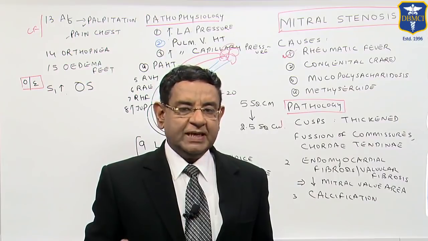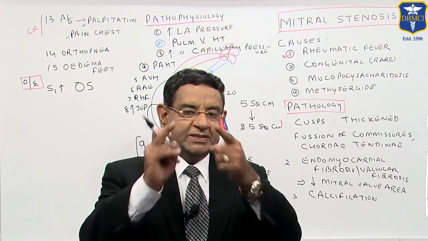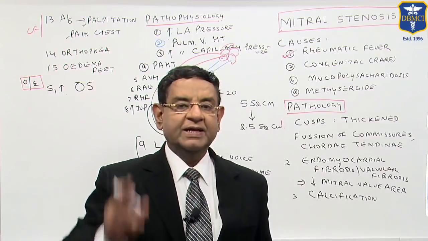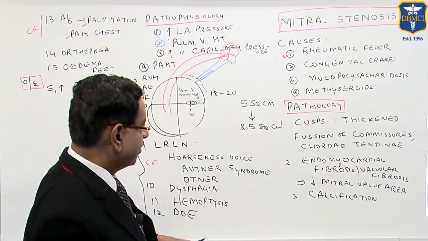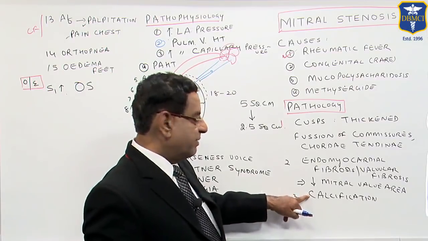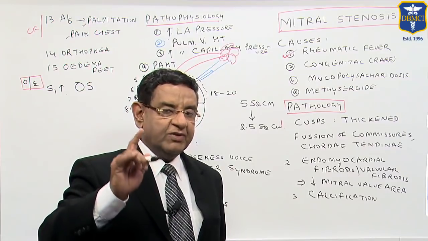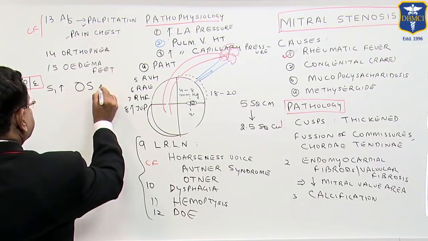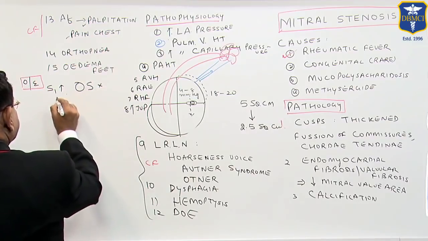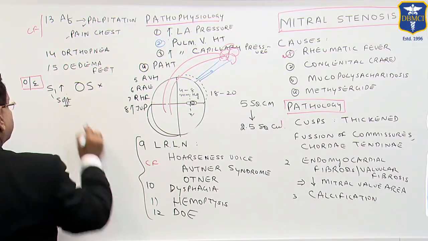Now, opening snap has one more advantage. If opening snap is present, it means the valve is pliable, not calcified. But as we discussed earlier in the pathology, there can be valve calcification in the advanced stages. Once the valve gets calcified, the opening snap will disappear, and even S1 will become soft.